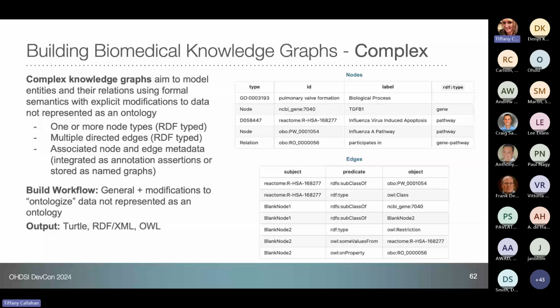The workflow is general, but it will have modifications to ontologize the data, so you have to do a bit more work to represent knowledge in a machine-readable way in a complex graph. And the output is usually serialized to RDF XML or Turtle format. So we're getting away from the more simple tabular-based output.